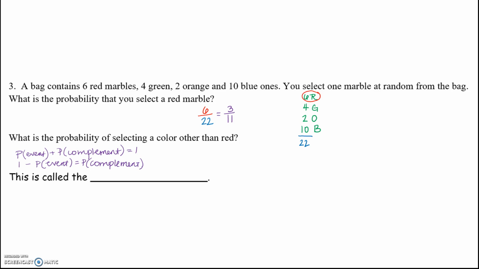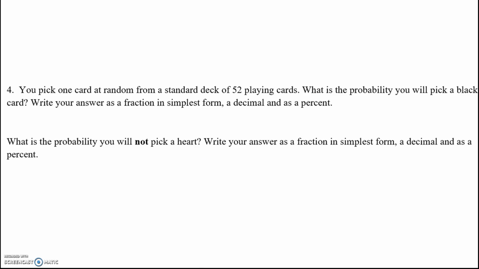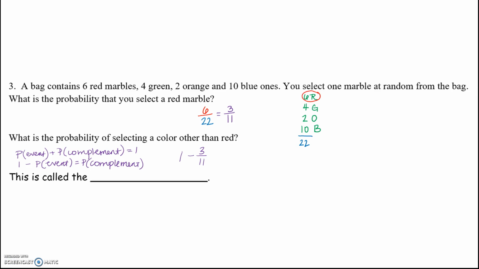Okay, so I know the probability is 3 out of 11, so I'm going to say 1 minus 3 over 11. Oopsies. I cannot subtract from a whole number, so if I have 11 marbles, how do I have all of the 11, right?